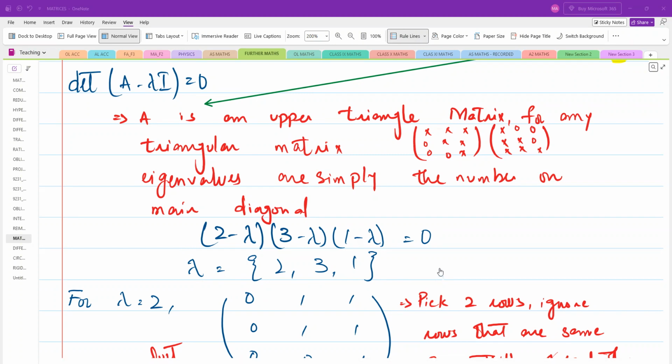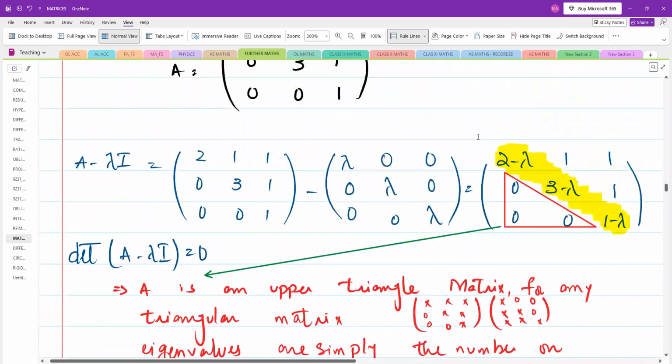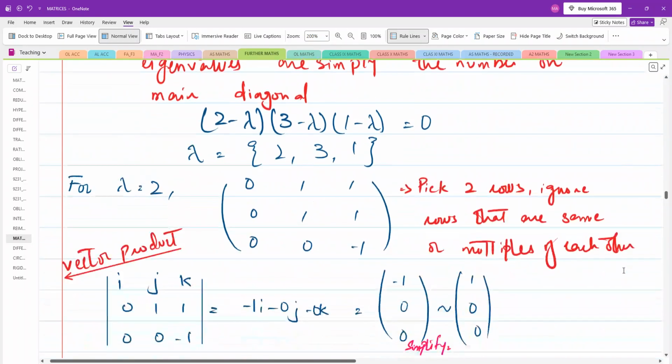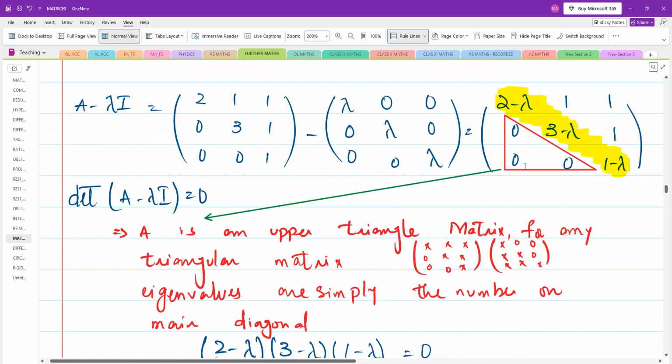Am I understandable up until this point? Moving onwards. What we are going to be doing now is use this exact matrix that we made. For lambda equals 2, this matrix will be transformed.